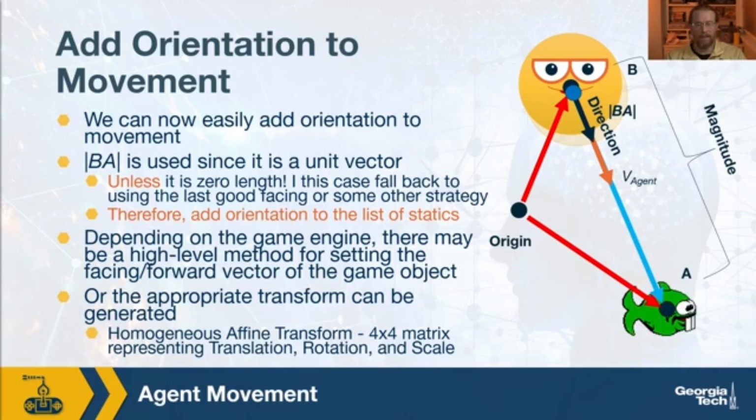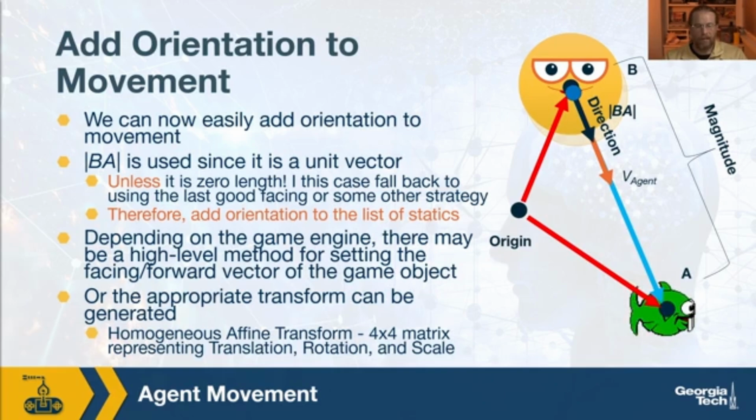That would mean, what if the agent has already gotten all the way to the fish? If that is the case, our fallback could be, well, recall that we have the statics, the metadata we're storing for our agent, and this is preserved from frame to frame. Anytime you look at your statics, you know the information that was used from the previous frame. So you just use the last known good orientation if BA was 0 length.